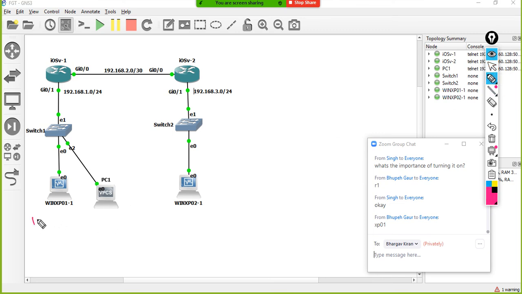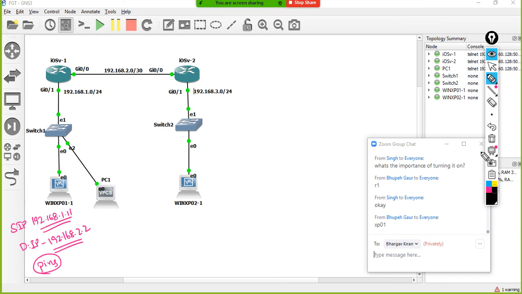Now the source IP is 192.168.1.11. Let's say the destination IP is 192.168.2.2. So now I am trying to do the ping. When I do the ping, where will it go first? Can anybody explain to me, guys?